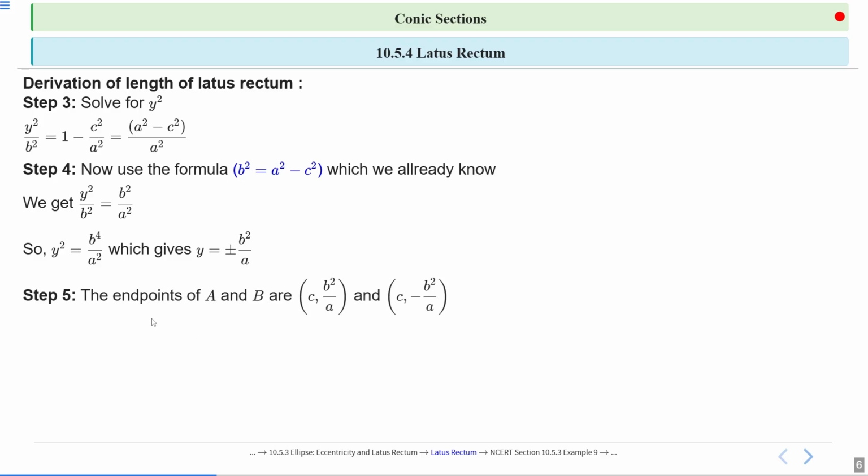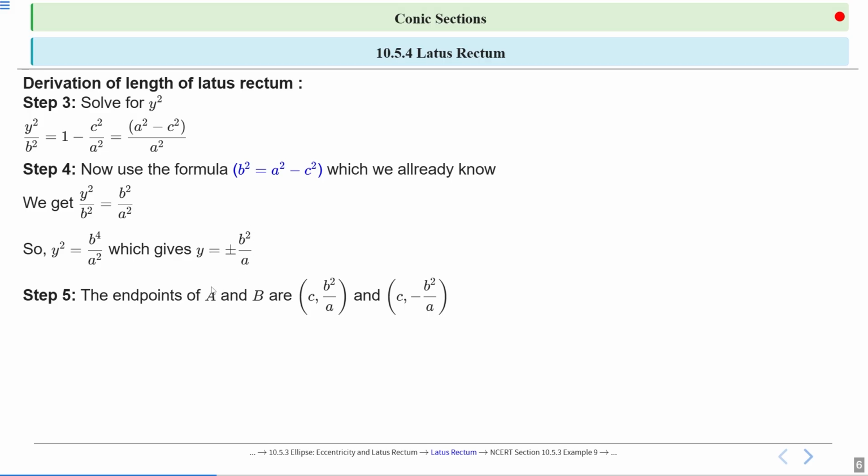Now the endpoints of A and B are (c, b square upon a) and (c, minus b square upon a). Why? Because we've already seen that the x coordinate of the endpoints of A and B is c, since the equation of AB is x equal to c, and here we have found y equal to plus minus b square upon a.